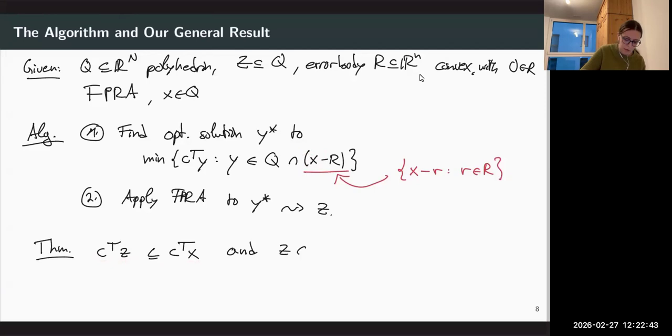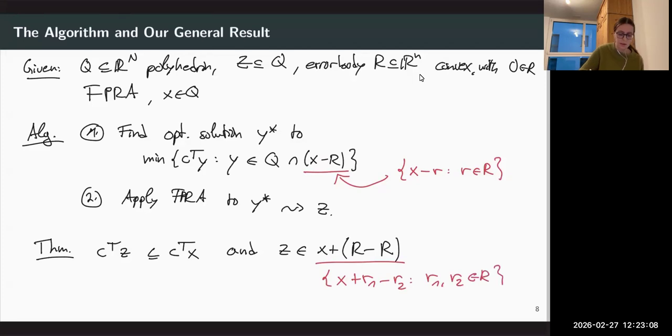And we have the property that z is contained in x plus R minus R. So z is not too far away from x. Just to be clear, R minus R is not 0, but this is just the set of all vectors that I can write as x plus r1 minus r2, such that r1 and r2 are both vectors in R. So this is again in the sense of a Minkowski sum.